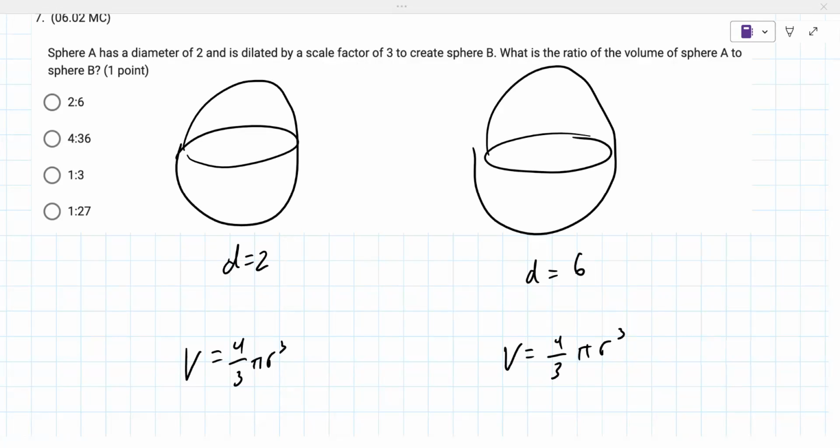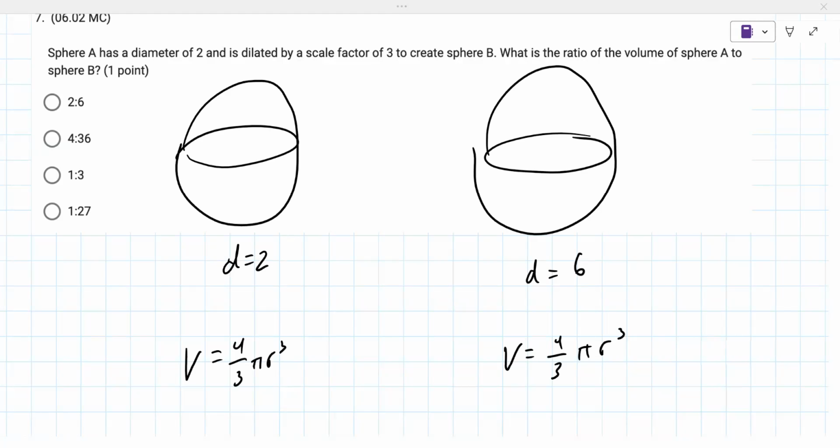Alright, so then next one. So that's going to be 3.